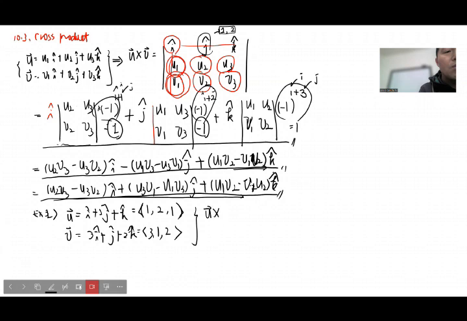U cross product V is the determinant with I, J, K, 1, 2, 1, 3, 1, 2.